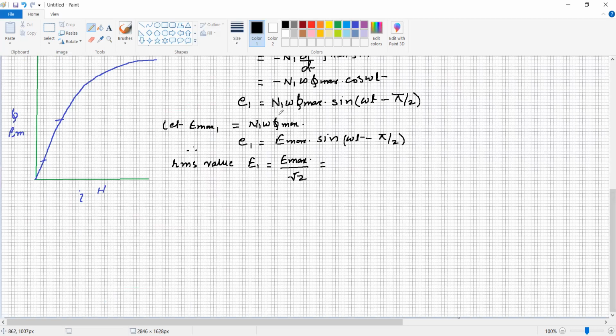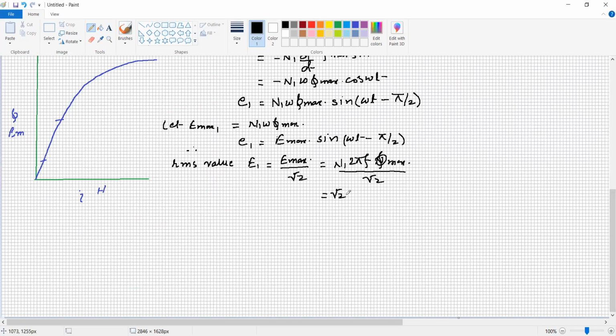if you put this value, N1 omega, where omega is twice pi f, and phi maximum, divided by root 2.